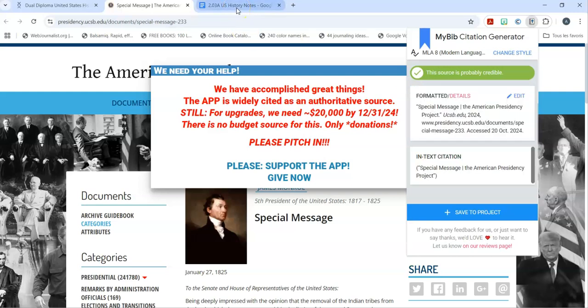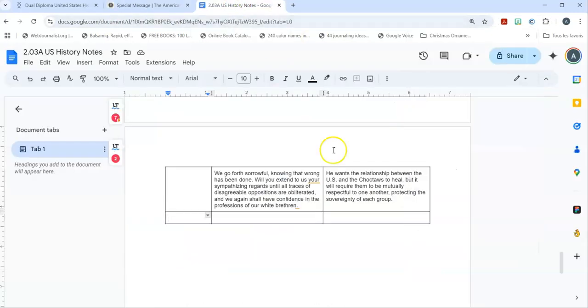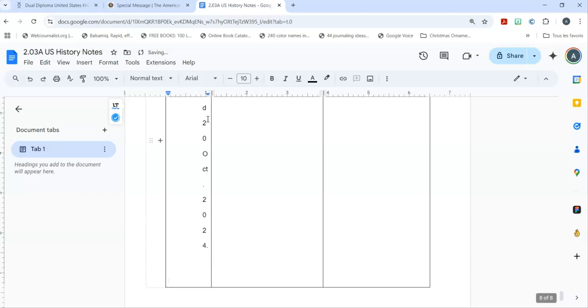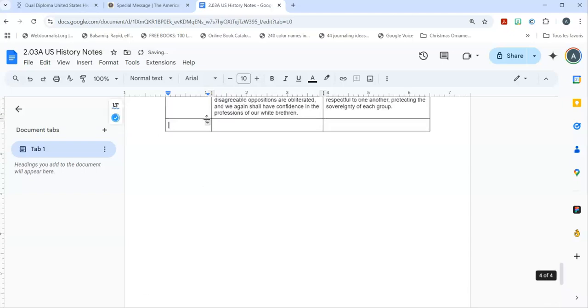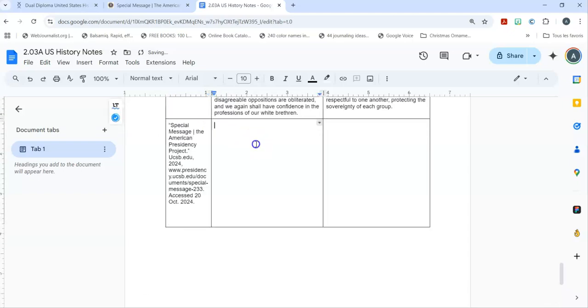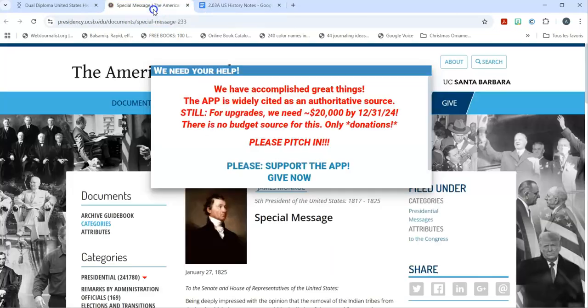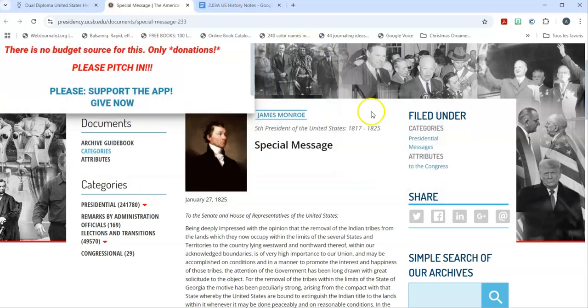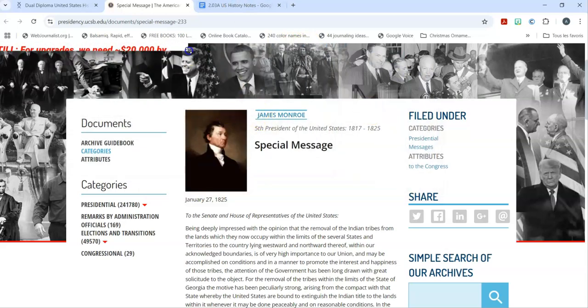And again, I'm using the MyBib Chrome extension. If you're interested in creating sources in a very quick and easy way, then MyBib is a great tool for that purpose.